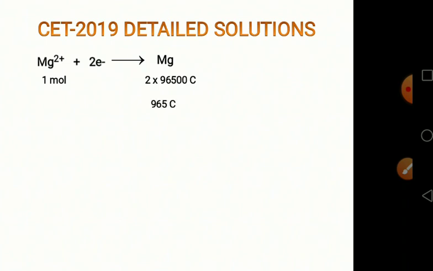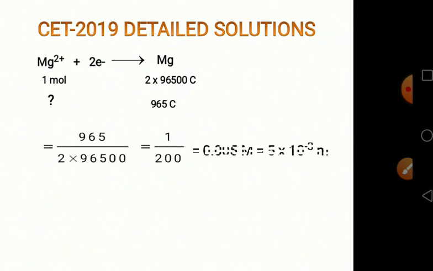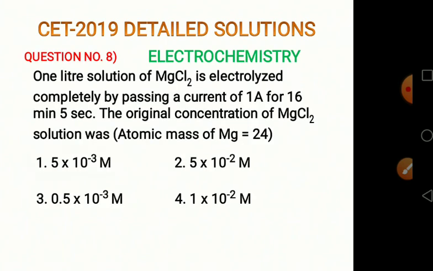Hence 965 coulomb deposits how many moles? Calculate that and you are going to get 1 by 200, equal to 0.005 molar. That is 5 into 10 to the power minus 3 M, the correct answer. So the 8th question's correct answer is the first one.